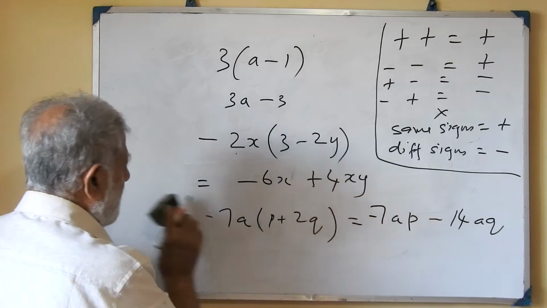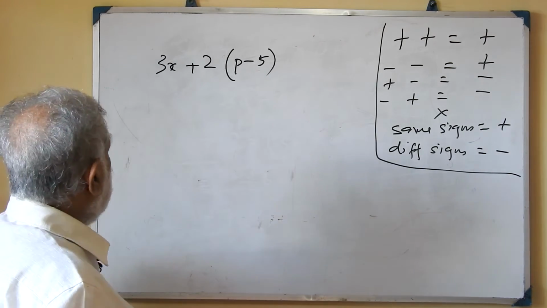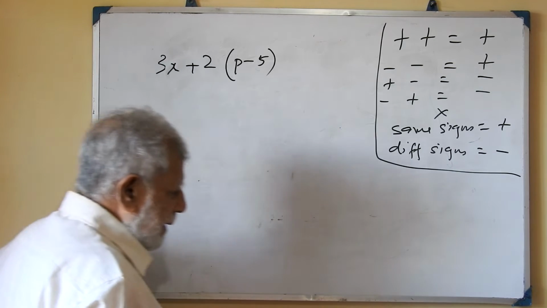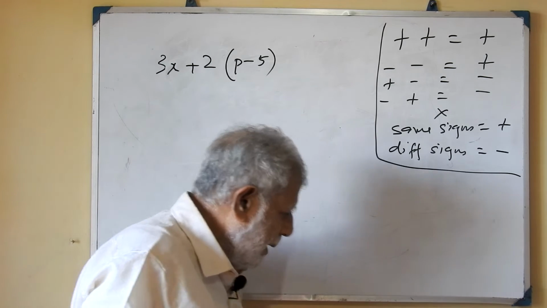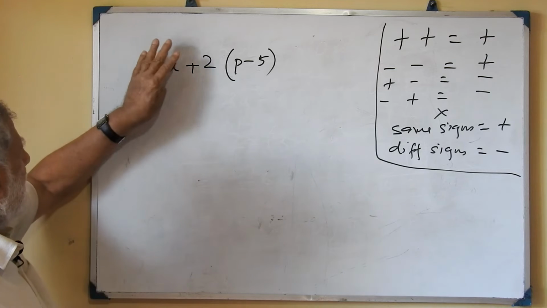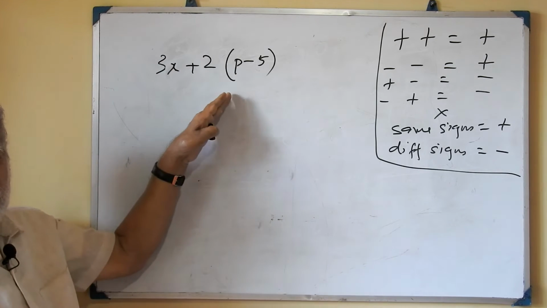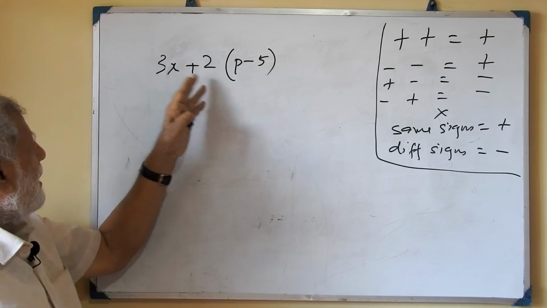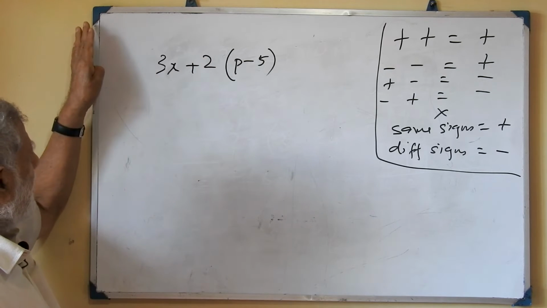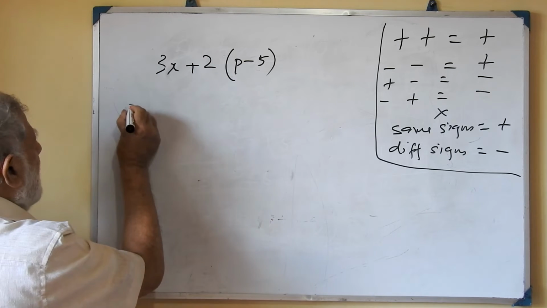We'll take another example: 3x + 2(p - 5). In this particular case, children, this 3x has nothing to do with the brackets. Many children make that mistake: they multiply this 3 all the way with this. This 3x is completely out, so we just write down 3x.